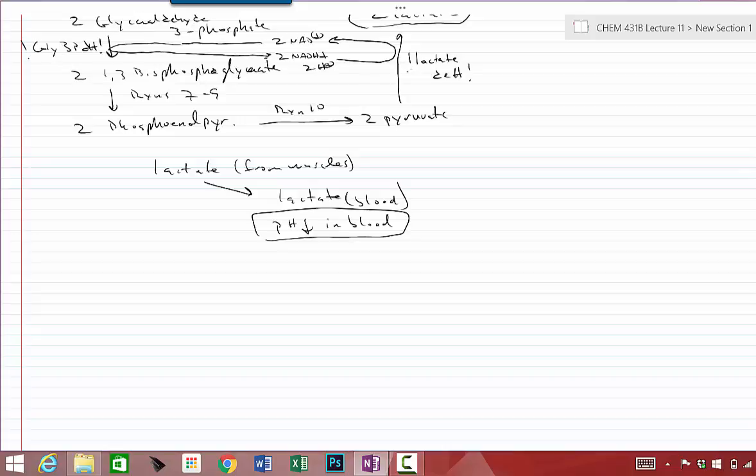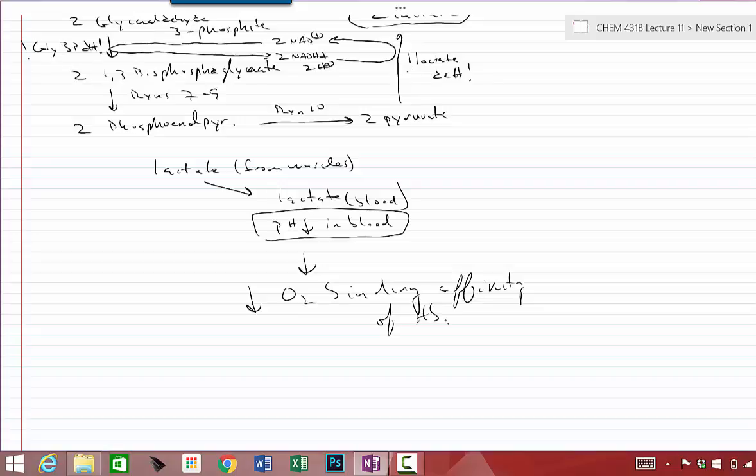Did you guys go over hemoglobin at all? Okay, good. Higher binding affinity. Very good. Lower binding affinity. So this actually will lead to a decrease in the oxygen binding affinity of hemoglobin, and this causes our hemoglobin to more efficiently deliver the oxygen to our tissues.